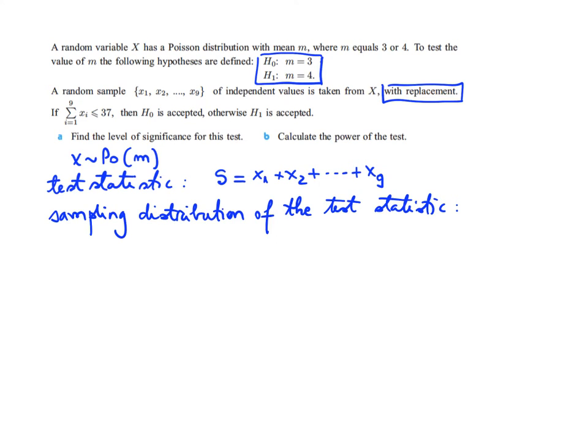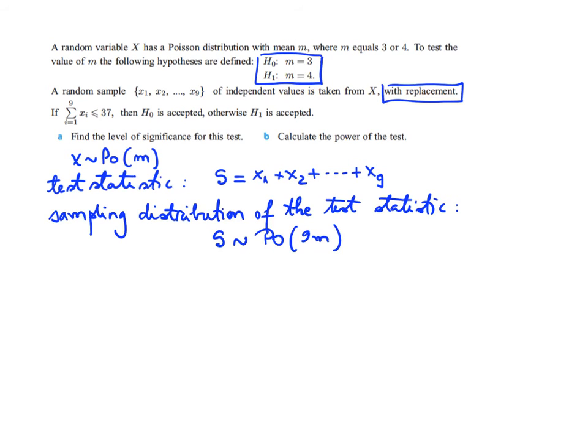So I know that if x1, x2, up to x9 are Poisson, then S is Poisson as well, because when I add Poisson distributions, the result will be Poisson, and the mean will be 9m. We know this from an earlier chapter.